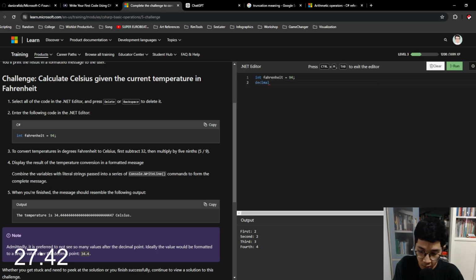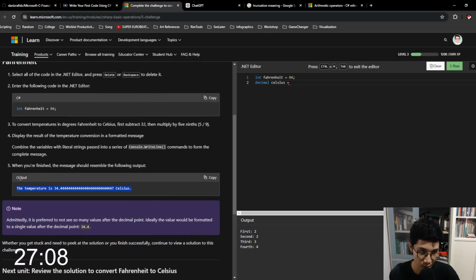I have to use a decimal first, and I can simply put a new variable here, which is Celsius, because Fahrenheit to Celsius has more steps. First subtract 32, then multiply by 5 ninths, and then display the result of the temperature conversion in a formatted message. This one is the formatted message, as you can see in the output.